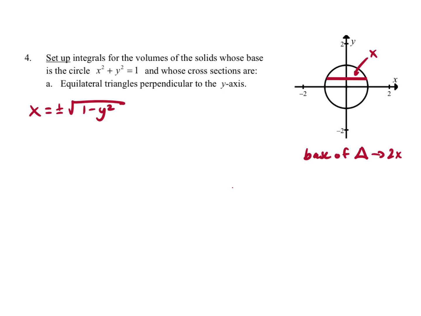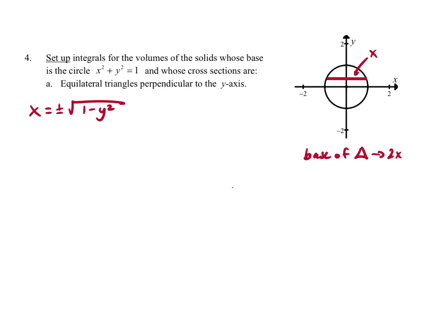All right, so technically, yes, when you get x by itself, it's plus or minus, right? If you didn't have the minus, you'd only have a semicircle, right? So if we're talking about the positive side of x and the negative side of x, technically you need the plus or minus. However, in our formula, I'm just going to take two of the positive x because we are talking about distance, right?